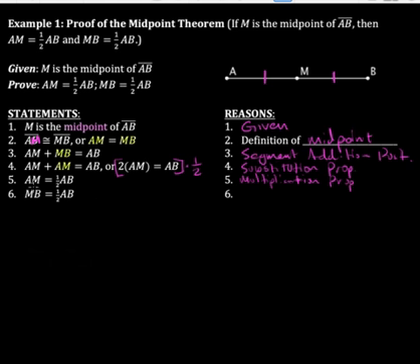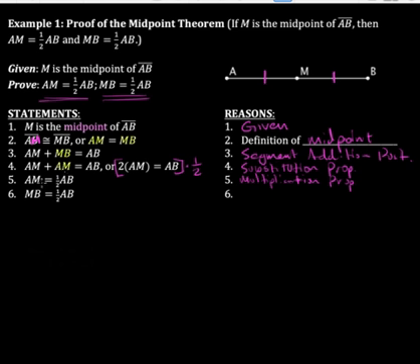So then what do we do? We've proven one of our statements, right? That AM is half of AB. Well, what about the second part of the prove, where it says that MB is half of AB? Well, that's what we have in statement 6, but how do we get from statement 5 to statement 6? All we did was we changed this AM back into MB, right? From statement 3 to 4, we changed MB to AM.